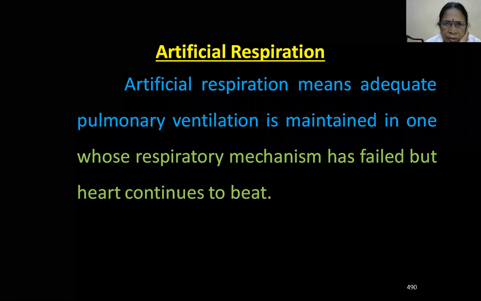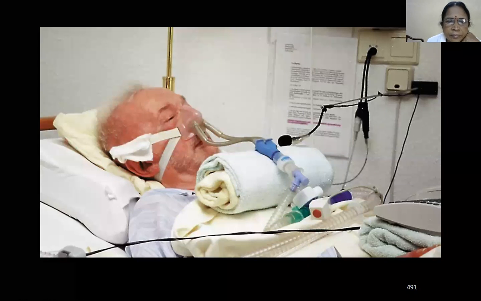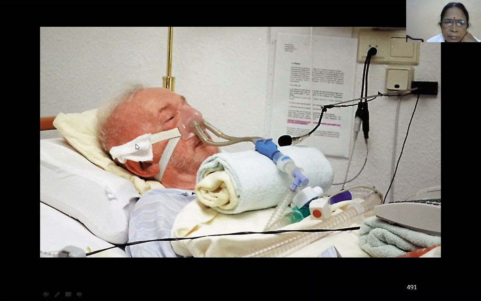In these conditions, we go in for artificial respiration. The person is not able to breathe properly, but the other vitals, like heart rate, are normal. Here respiration is the problem, therefore they are assisting the patient with artificial respiration.